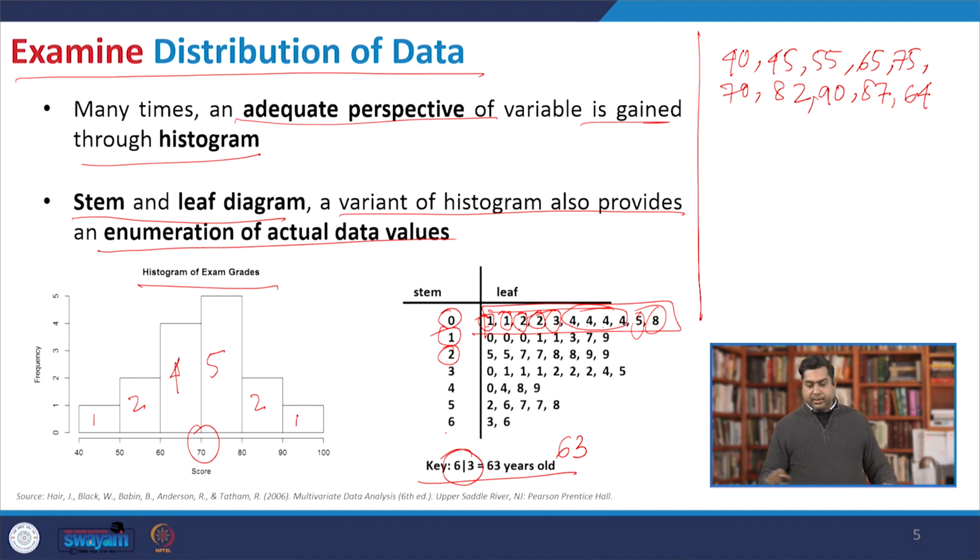If you look at these numbers, the lowest number is 40 and the highest in this case is 90. So, we have to first create the stem.